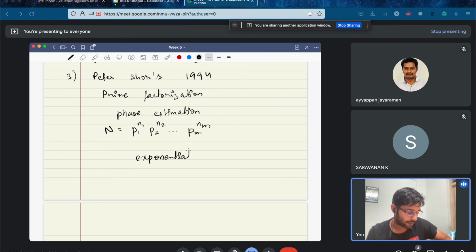So the solving, or finding out the prime factorization for any number n, gets exponentially difficult.